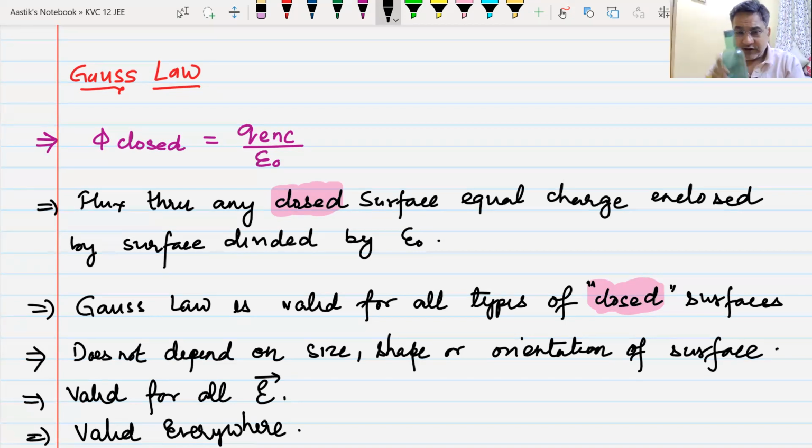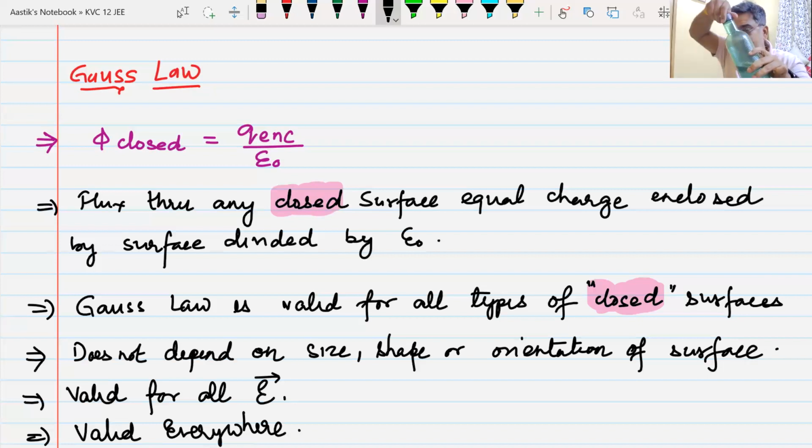Because of that electric field, electric flux is passing through this surface. If you want to find out the total flux, you don't have to find out the total electric field. You just open this surface, see how many charges are inside and divide it by epsilon naught. That will be the flux through this surface.